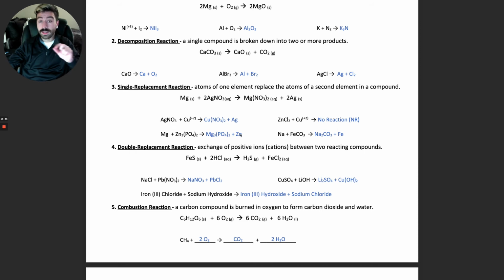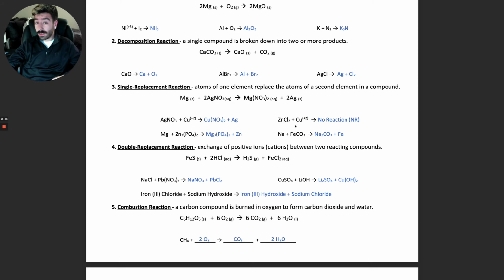Okay? And then zinc by itself. So again, I encourage you to say the sentence out loud. Magnesium reacts with zinc phosphate to give you magnesium phosphate and zinc. So then you can write magnesium phosphate as you know it should be, and zinc is by itself.